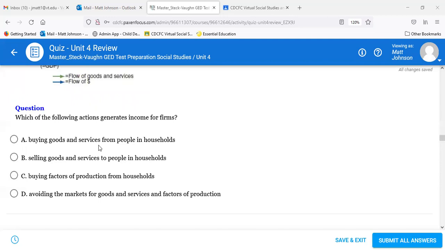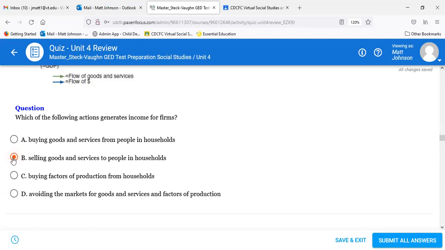So income would be stuff that you have to sell. So B, just think about it in sort of your prior knowledge, right? How does a business generate income, right?